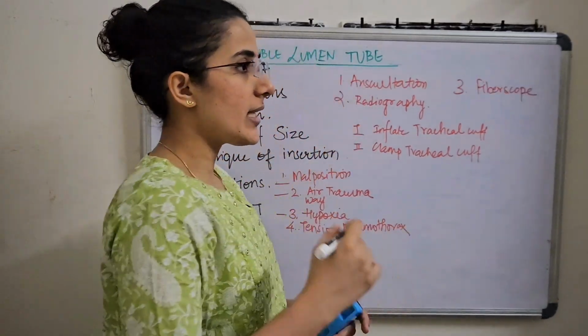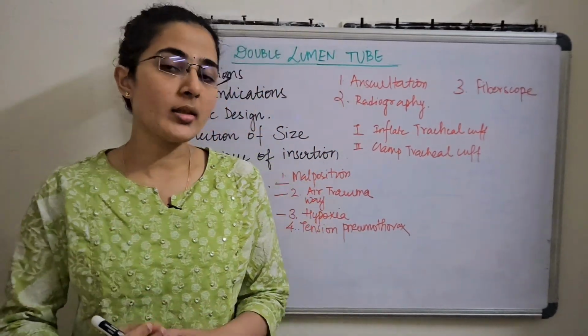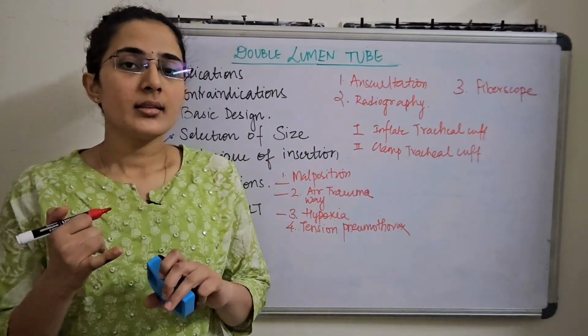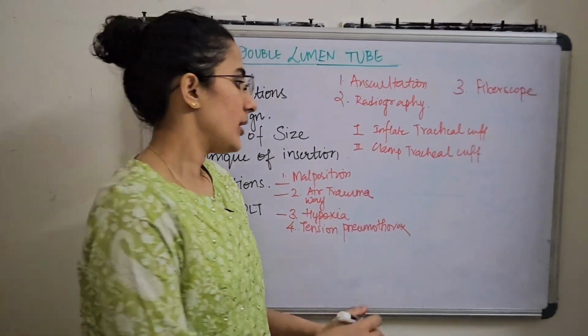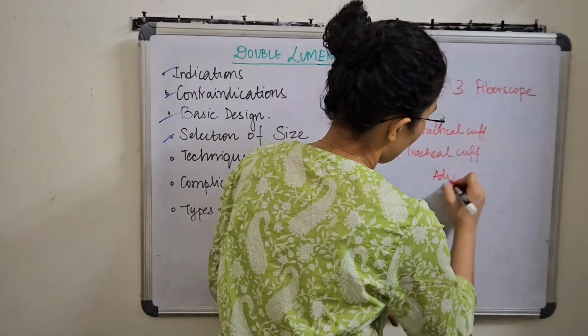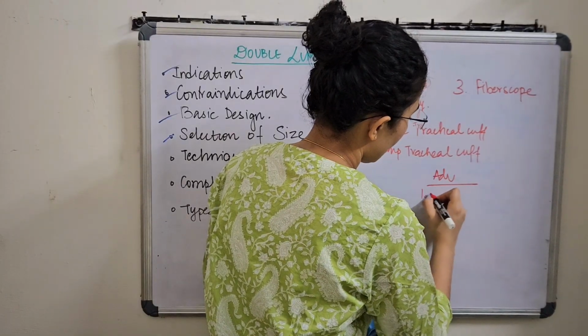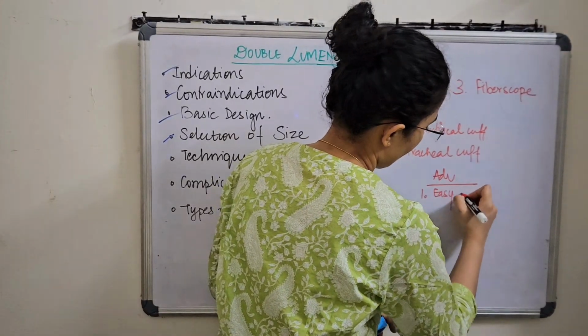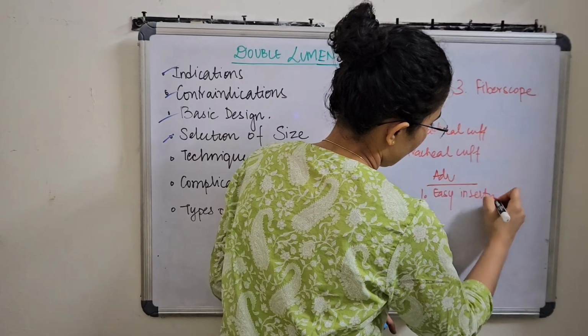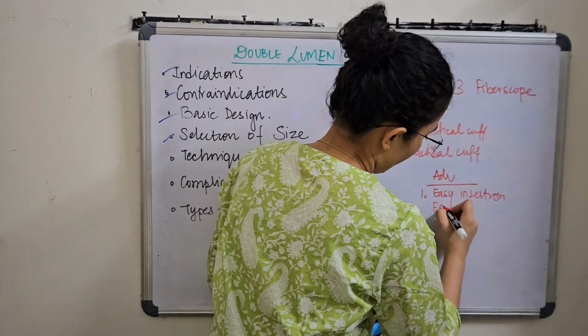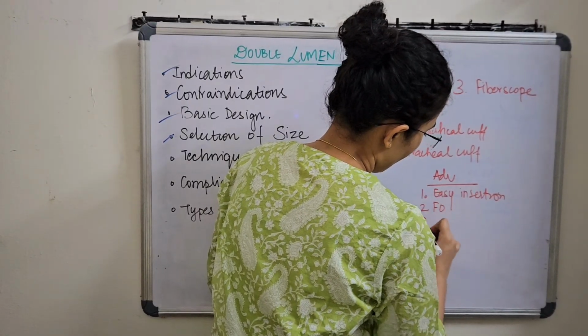But what are the advantages of a double lumen tube over a bronchial blocker? If we see the advantages of the double lumen tube over a bronchial blocker, number one is the ease of insertion, right? And also it does not require a fiber optic bronchoscope, right?